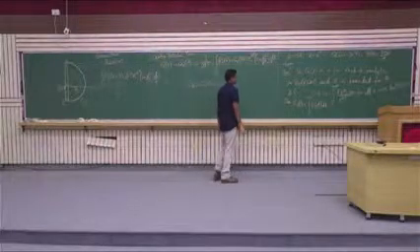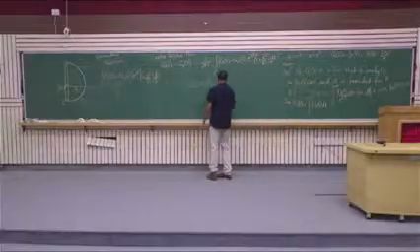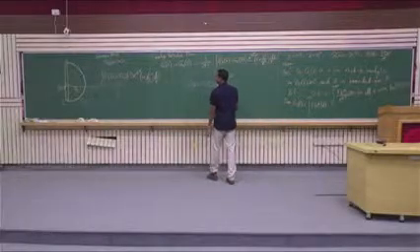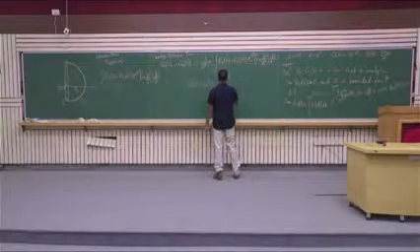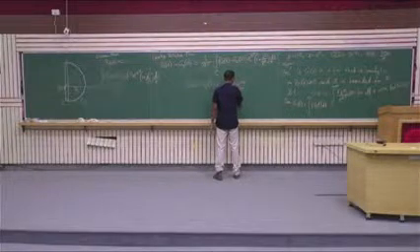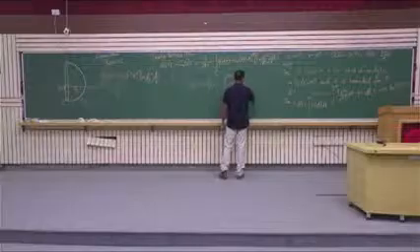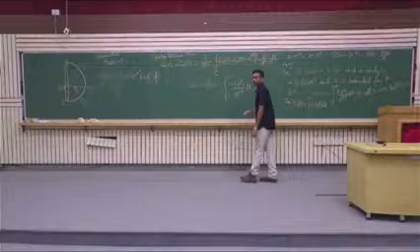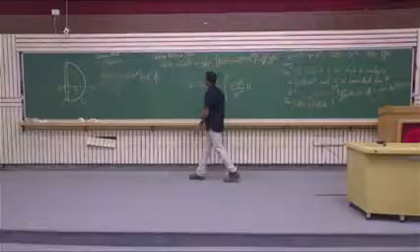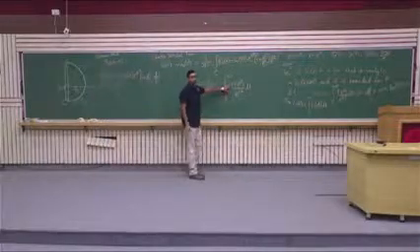This is the integral from t to infinity of f et times e power minus tz dt, right? Now note that f is bounded, right?